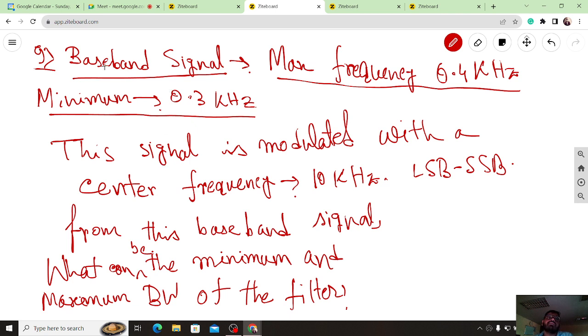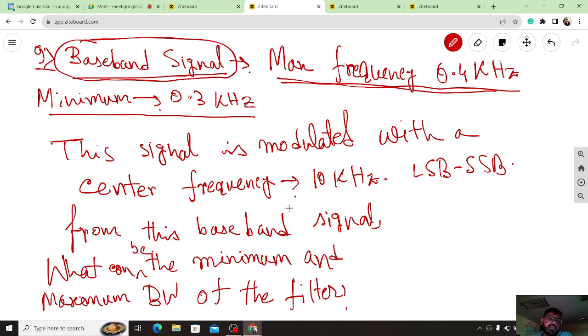So I am repeating the question once. We have a baseband signal with a maximum frequency of 0.4 kilohertz and a minimum frequency of 0.3 kilohertz. This signal is modulated with a carrier frequency at a center frequency of 10 kilohertz. Then we want to generate an LSB, lower sideband, SSB signal from this baseband signal.